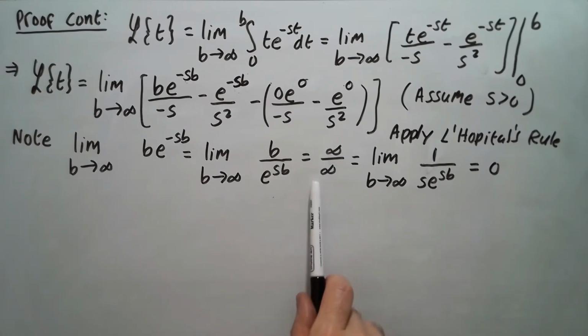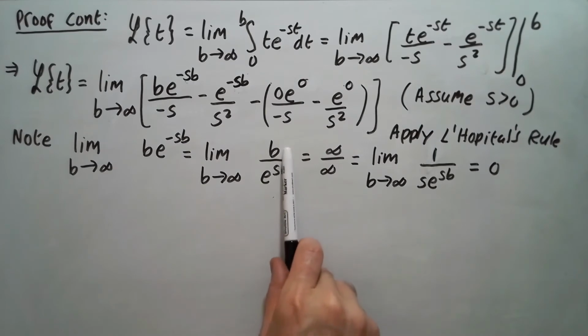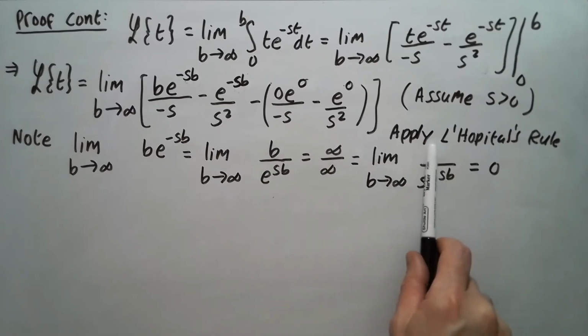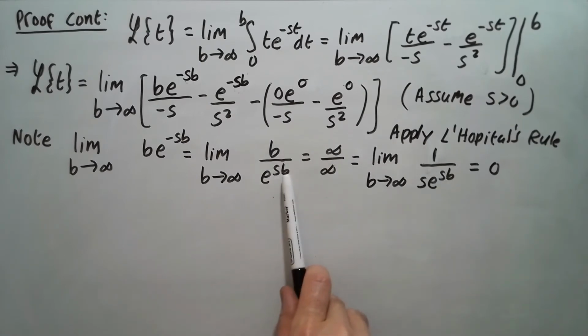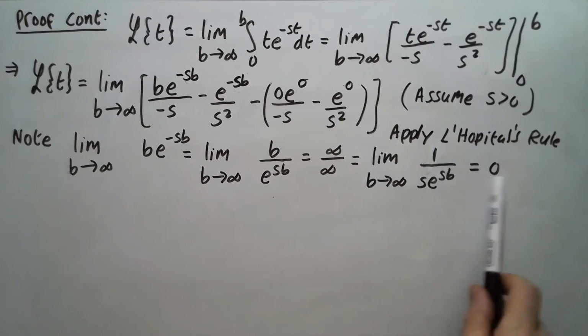So it'll be infinity over infinity, which is an indeterminate form, so you can apply L'Hopital's rule. Take the derivative of the top with respect to b, which is 1. The derivative of e to the sb with respect to b would be s e to the sb. And this limit will be 0.